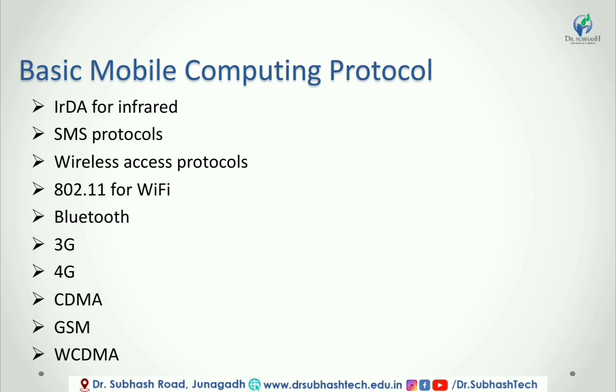Next protocol is CDMA. Code division multiple access is a form of multiplexing which allows numerous signals to occupy a single transmission channel. Optimizing the use of available bandwidth, CDMA employs analog to digital conversion in combination with spread spectrum technology. The technology is used in ultra high frequency cellular phone systems in the 800 MHz and 1.9 GHz bands. Next protocol is GSM.